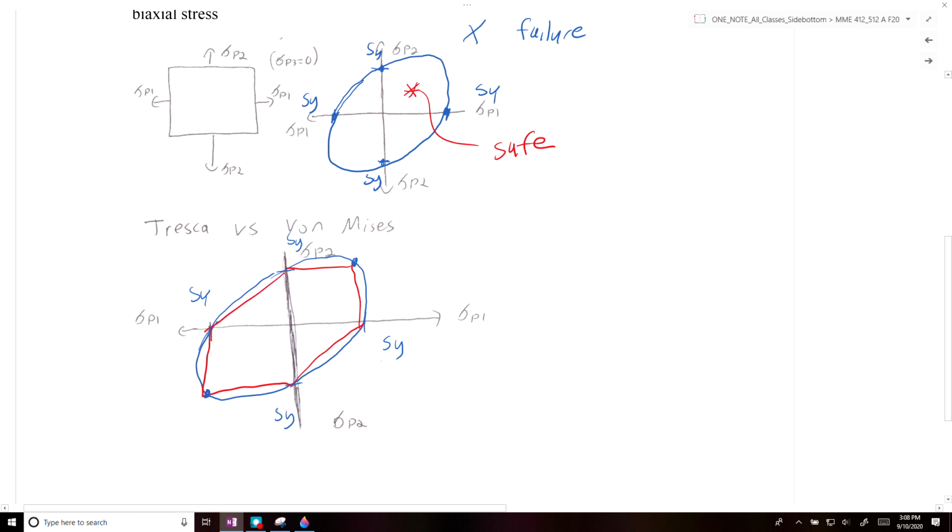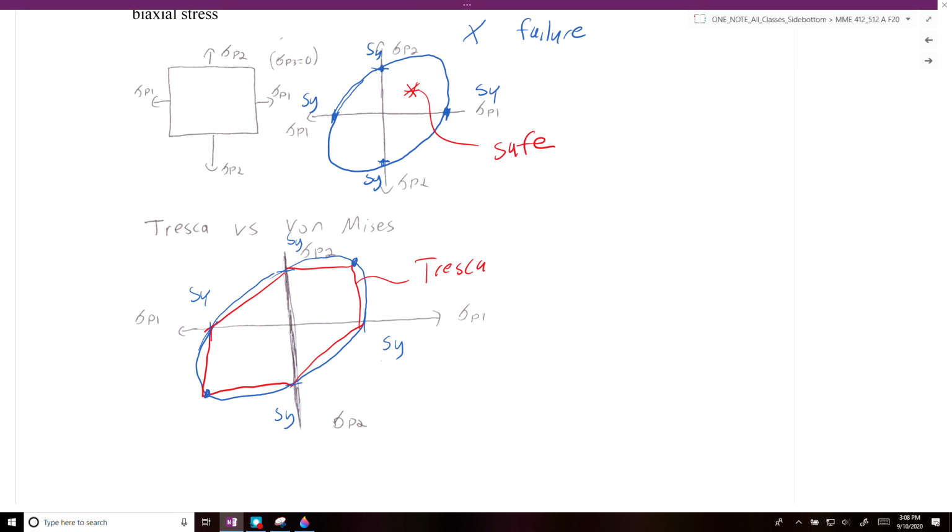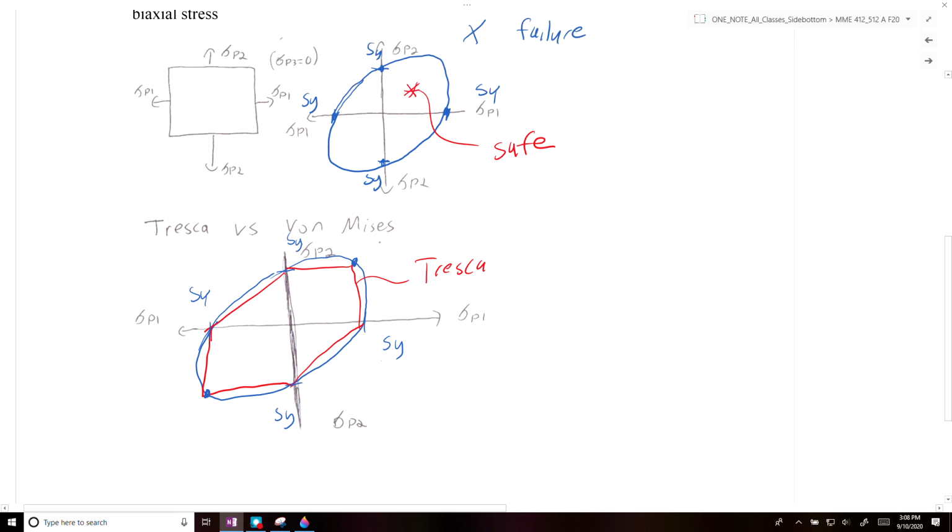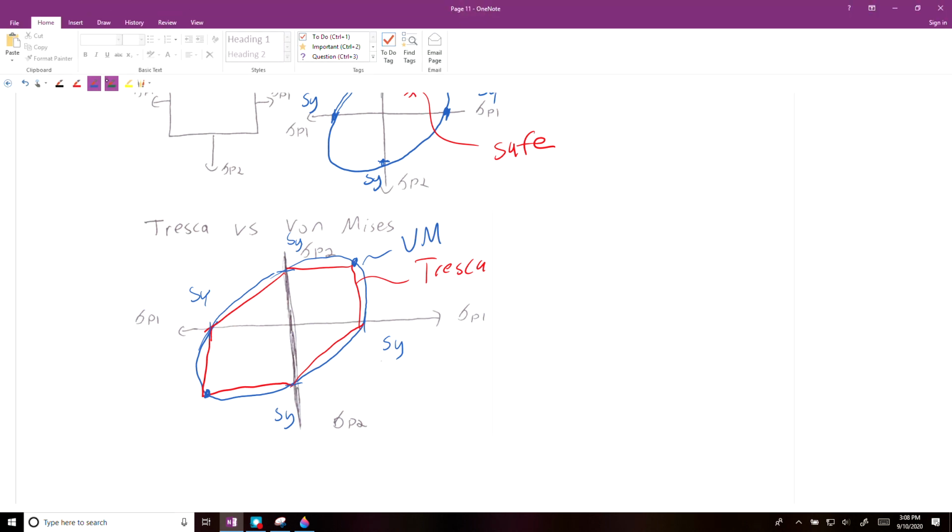Okay, so what you'll notice is that the Tresca criteria is always going to be within the von Mises criteria. And what you'll notice is that the Tresca criteria is always more conservative than the von Mises criteria, and there are 6 points where the two theories do intersect.